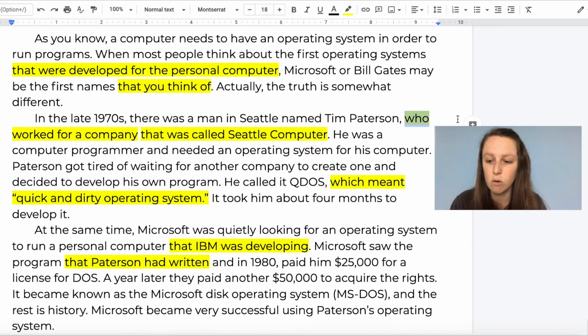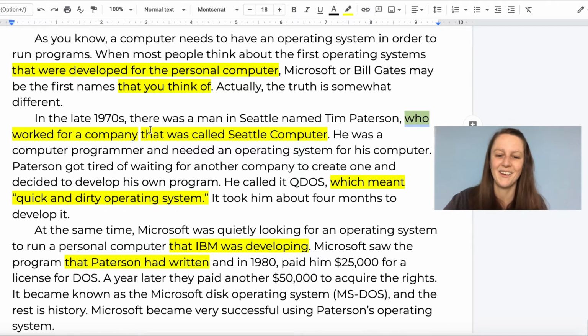When we look at the whole adjective clause, who worked for a company, we have a verb, worked, and what is the subject of that verb? There isn't an obvious subject for the verb, so the subject is going to be who. This replaces Tim Patterson. Tim Patterson worked for a company. That's the subject.